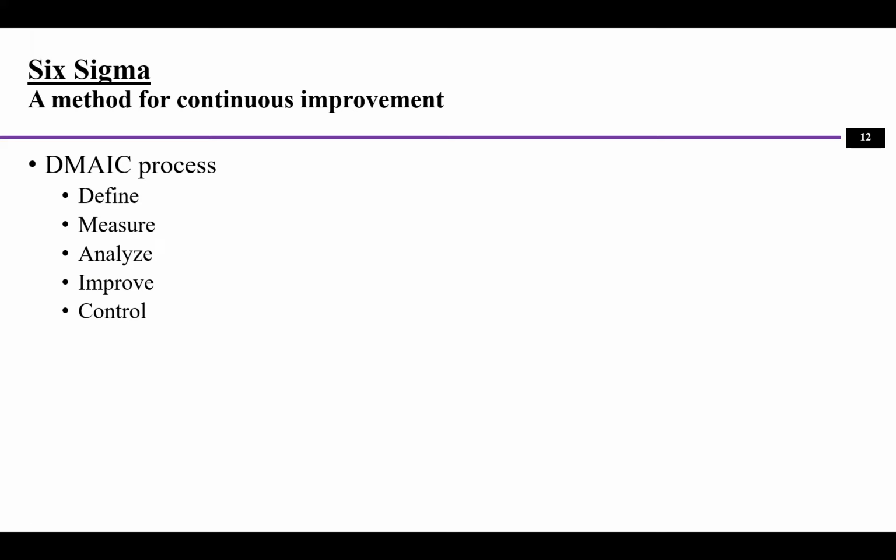In a lot of companies, they form Six Sigma teams, or even a Six Sigma department, trying to use this process or Six Sigma concepts to do continuous improvement and quality control. And there are different certification programs for Six Sigma. For example, you can get a yellow belt, green belt, and black belt.